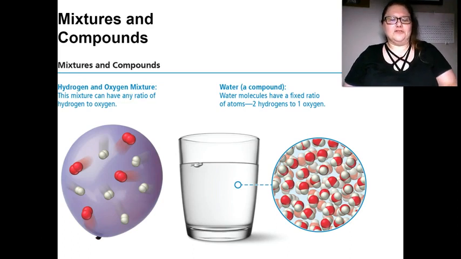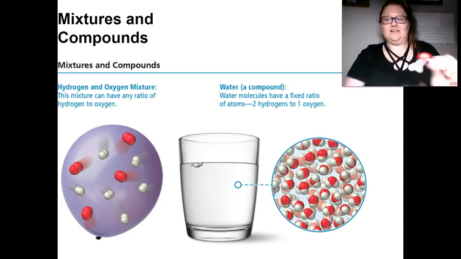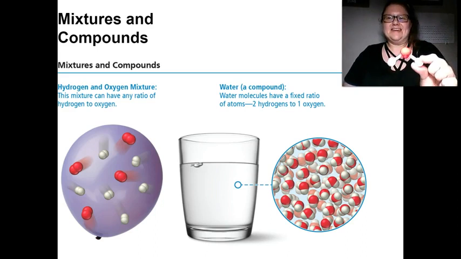You'll notice the colors are going to be consistent throughout the textbook and throughout models that are used, like you've seen me hold up before, my little water molecule. Again, we have red for oxygen and white for hydrogen. You can match this to the pictures you see on the screen.